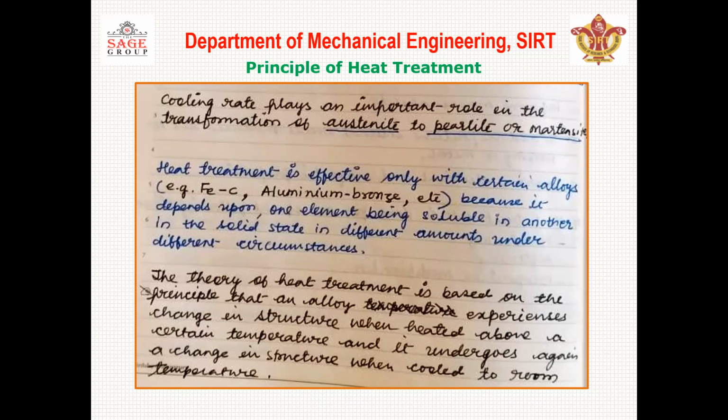Metal and alloys here means selected metal and alloys. For example, Fe-C, that means steel, is one material on which the heat treatment process can be carried out. Another example, aluminum bronze, is another alloy on which heat treatment can be carried out.